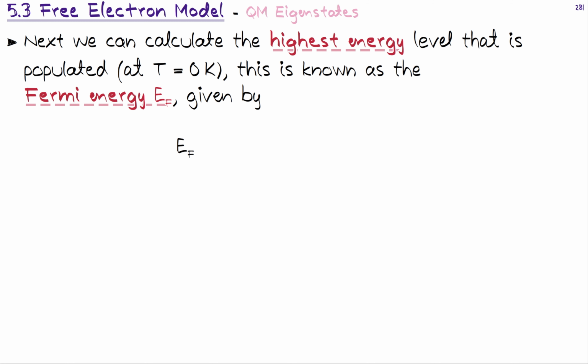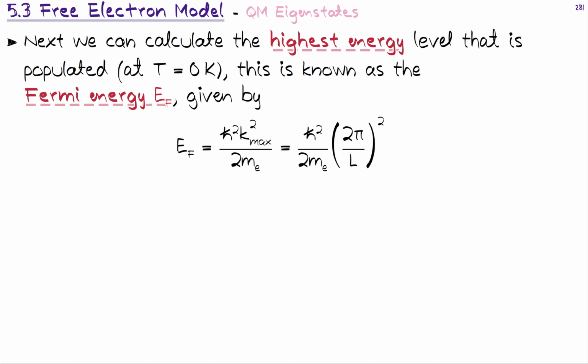In our case we're dealing with a free electron, so we have the Fermi energy at 0 Kelvin as h bar squared times k max squared divided by 2 times the mass of an electron, me. So in essence, when we plug in what we just discovered for k max, we have h bar squared divided by 2m, and then inside the parentheses 2 pi over L, squared, times n max squared. So this is our Fermi energy, EF, at 0 Kelvin.